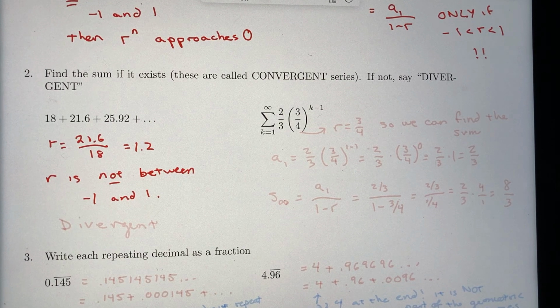That's not going to be possible to do infinitely, so this is divergent, which means it doesn't settle to a finite number. Here, R is 3/4, so we can find the sum.